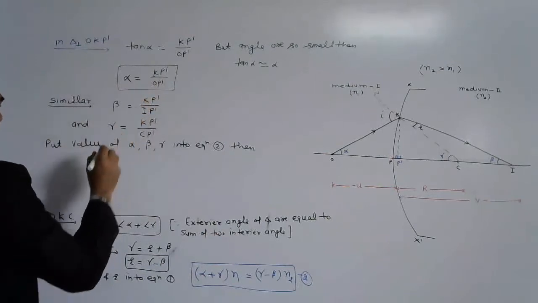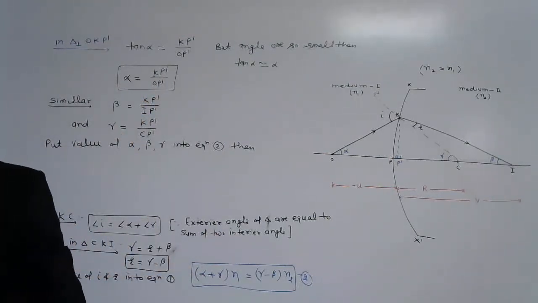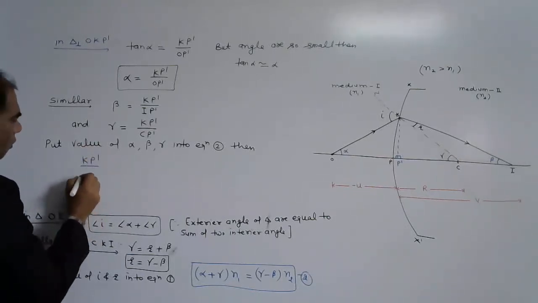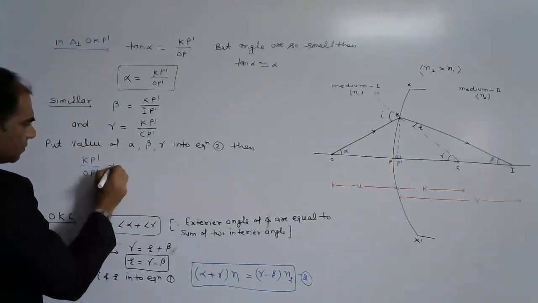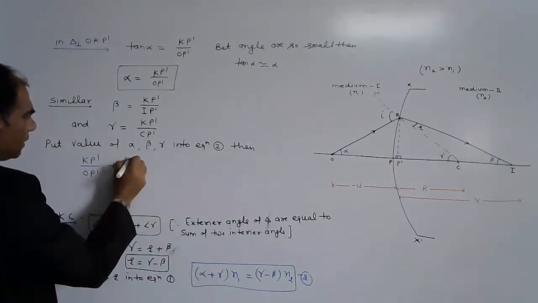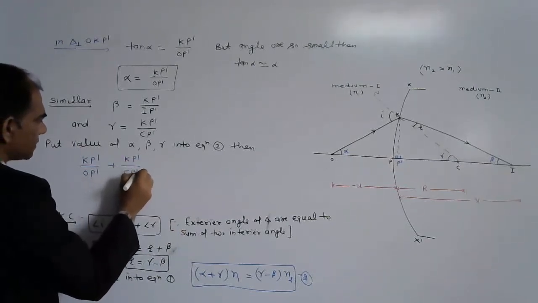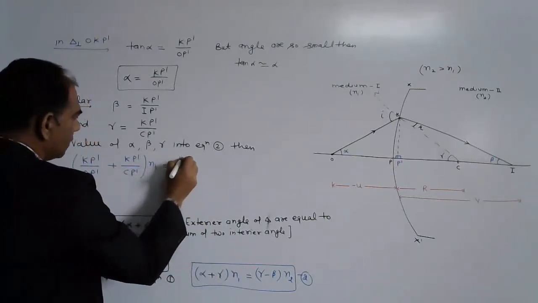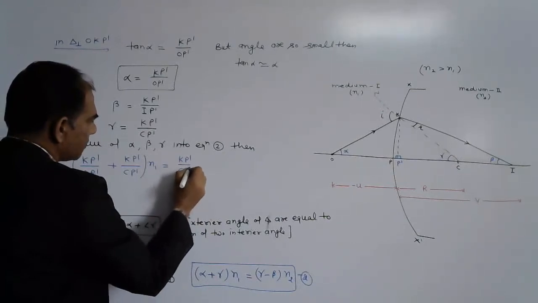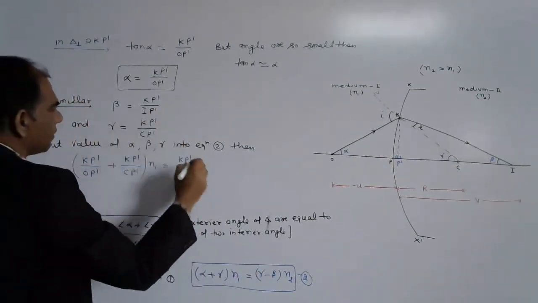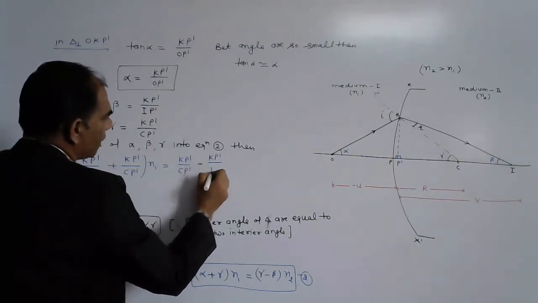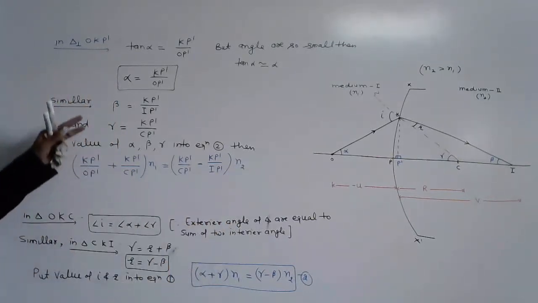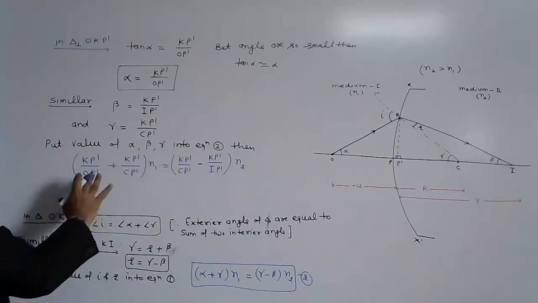The value of alpha, after putting it, becomes KP dash upon OP dash, plus the value of gamma, KP dash upon CP dash, into n1, is equal to, putting the value of gamma again, KP dash upon CP dash, minus the value of beta from here, KP dash upon IP dash, into n2. By putting the values of alpha, beta and gamma into the second equation, we get the equation like this.